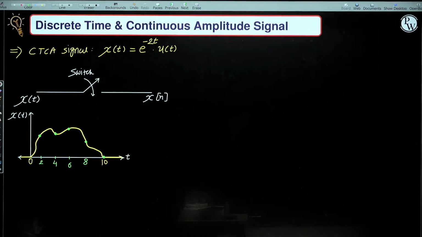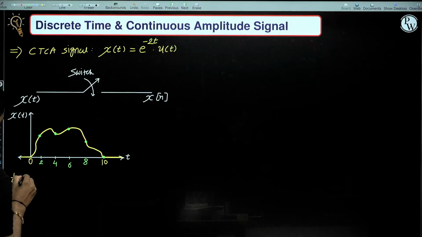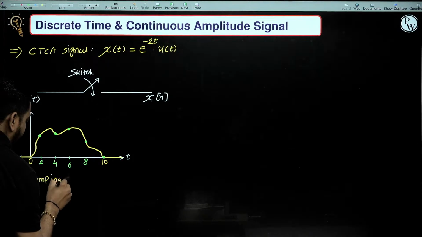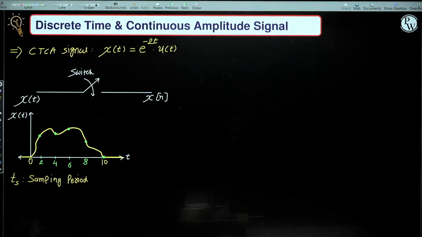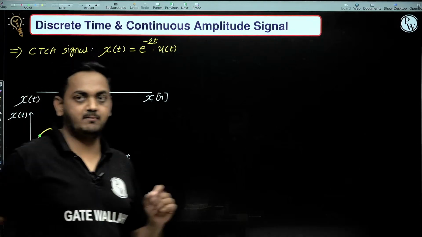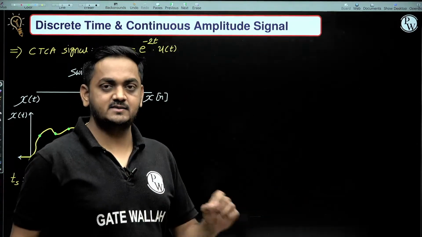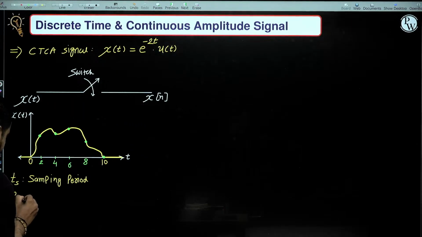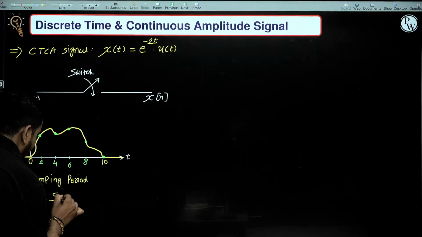Here Ts is the sampling period, and the inverse of this Ts is nothing but the sampling frequency. Fs is equal to 1 upon Ts, which is the sampling frequency.